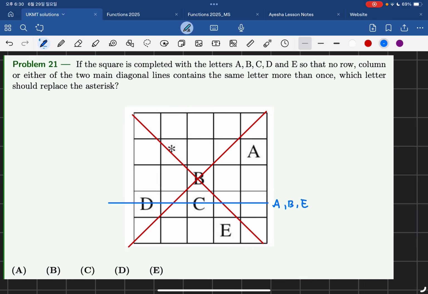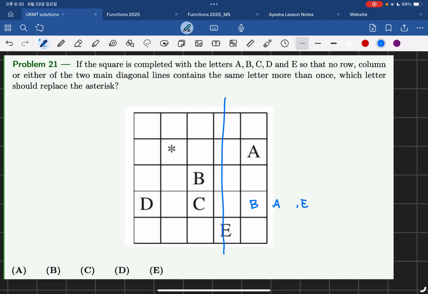However, B cannot go into this box or in this box, so B should go to the far right. Now we have A and E left, but E is already in the fourth column, so E should go here and A should go in that box.